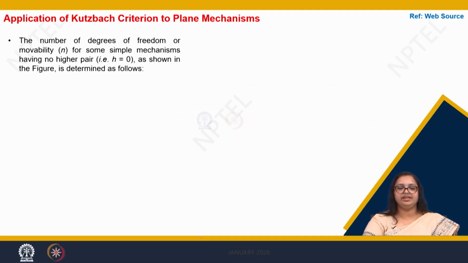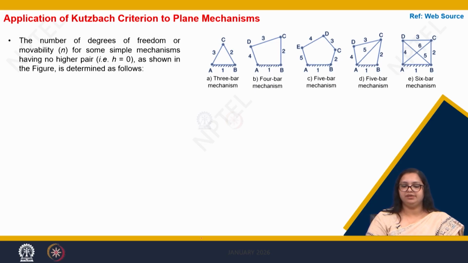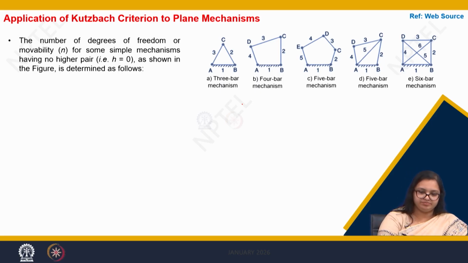Now let us try to solve some example problems where we have different types of mechanisms. So here for a 3-bar mechanism, what would be our n? What is l? l is 3.